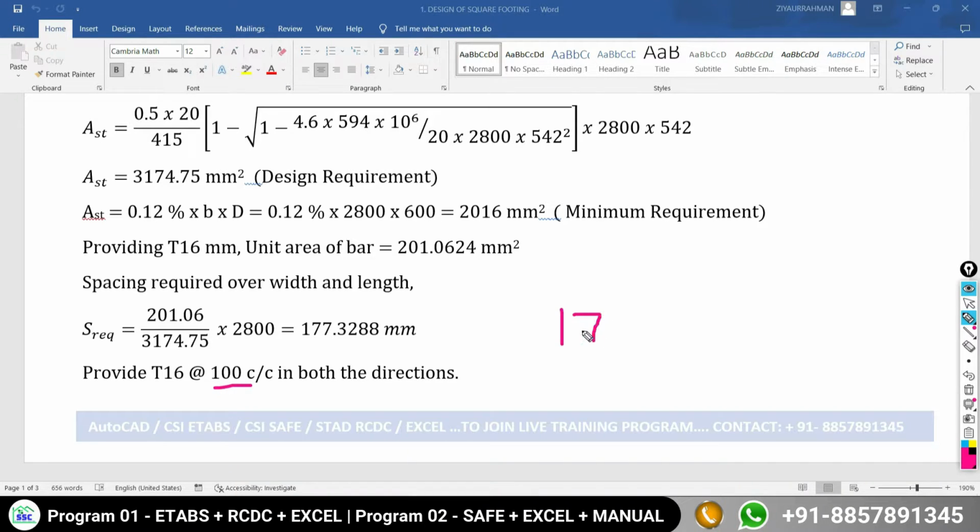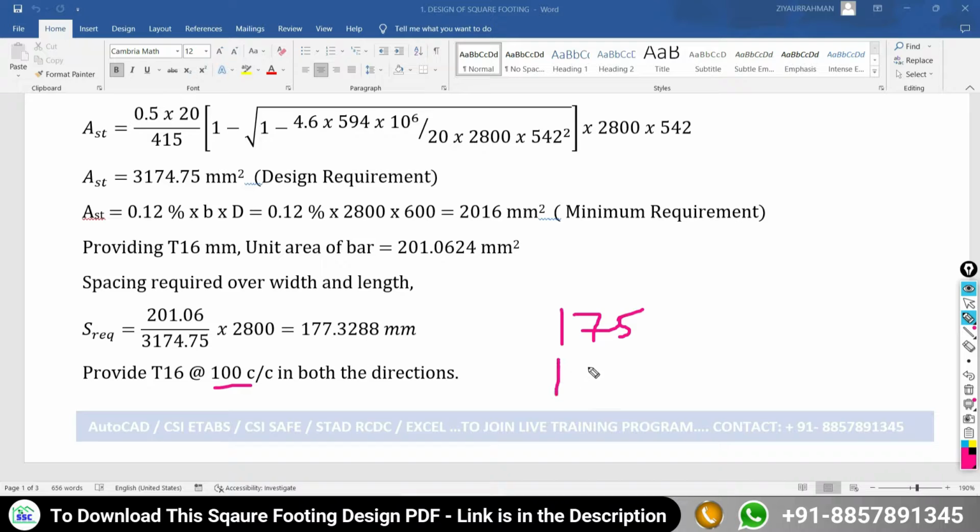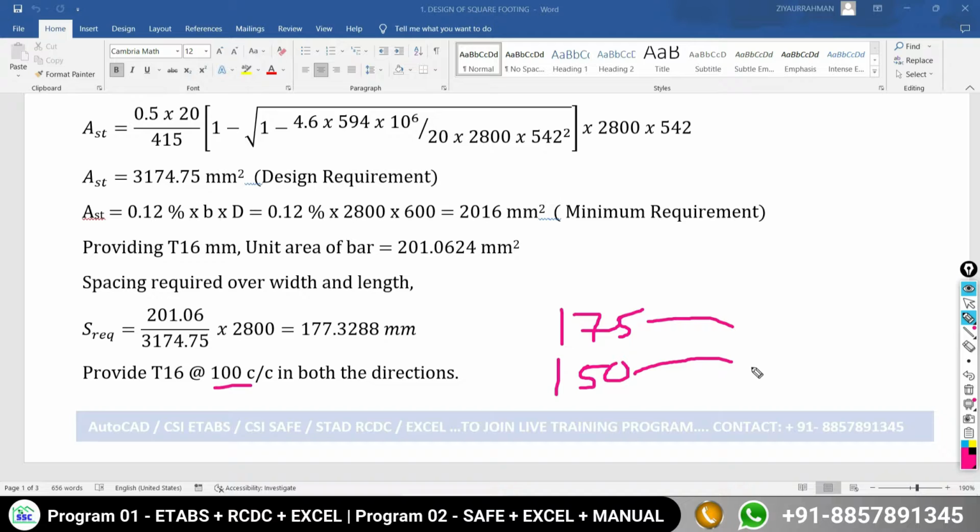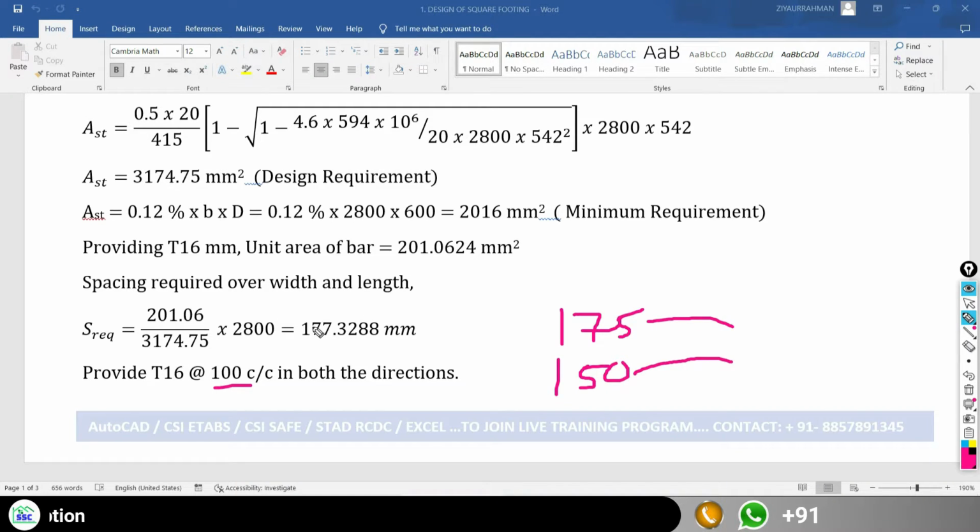If I take 175, that will be okay. If I take 150, that will be okay. But there may be a possibility that at a later stage, when we perform the one-way shear check, it depends on how much percentage or area of reinforcement is available.